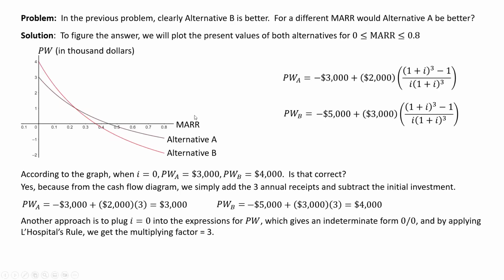Another approach is this: if I plug in i equals 0, what happens? Then the problem is you get 1 plus 0 is 1, 1 cubed is 1, 1 minus 1 is 0, and 0 times 1 cubed. So we have 0 over 0. I got curious. I said, can I apply L'Hopital?